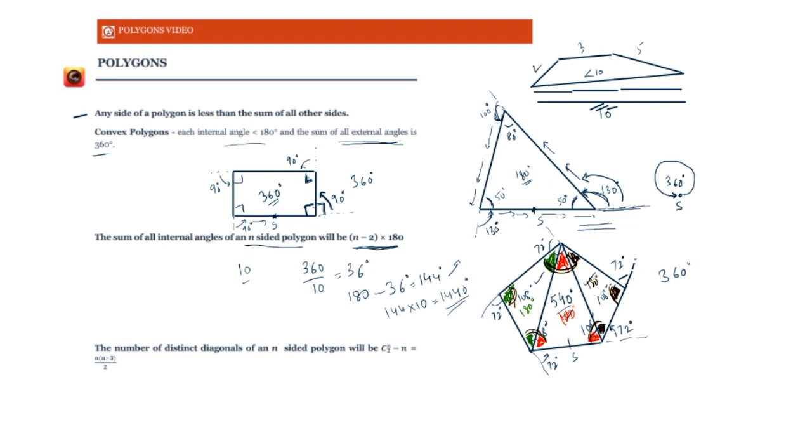Now look at this. For example, if I make a 6-sided figure, that's a hexagon, right? Now, how many triangles can I make? Take any vertex. This vertex I cannot link to this vertex, because it's already linked to it by a side. So I can link to this vertex to make a triangle, I can link to this vertex to make a triangle, and I can link to this vertex to make a triangle.